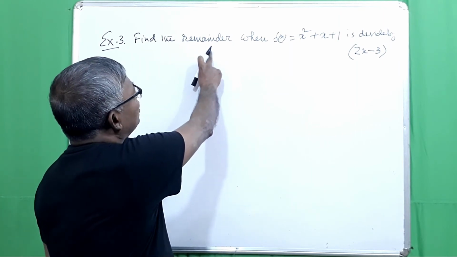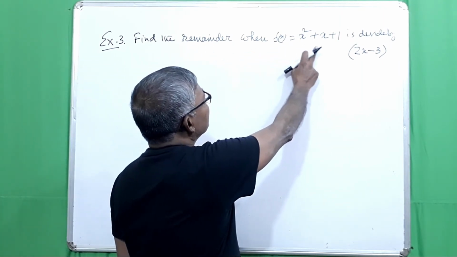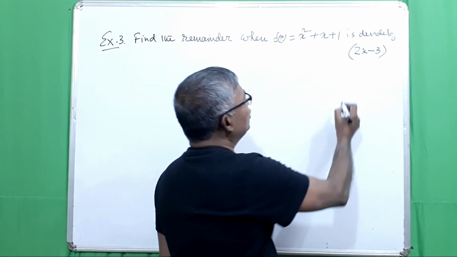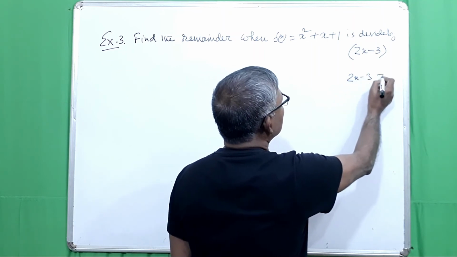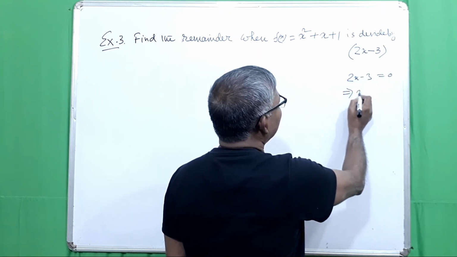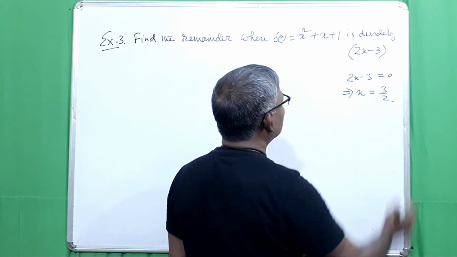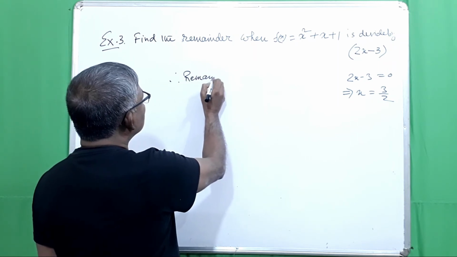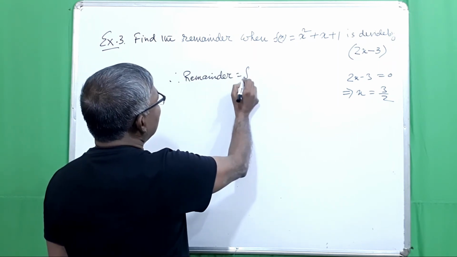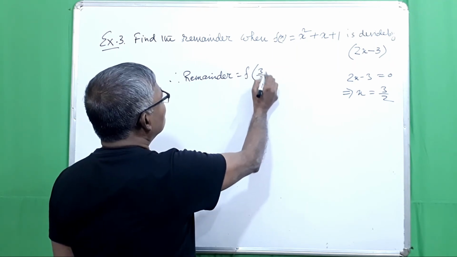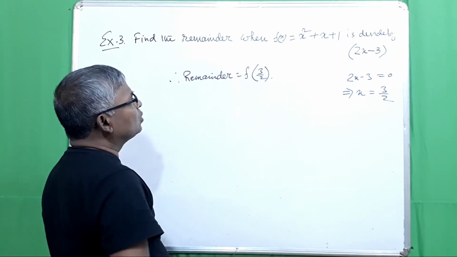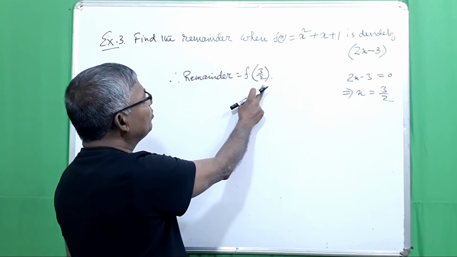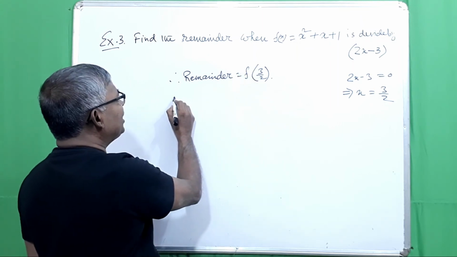Students, let us consider the problem. Find the remainder when f(x) equal to x square plus x plus 1 is divided by 2x minus 3. Let us put 2x minus 3 equal to 0. This implies that x equal to 3 by 2. Therefore, the remainder is f of 3 by 2. Students, we know here x equal to a, so f(a) is the remainder. Now, what is the value of f(a)?